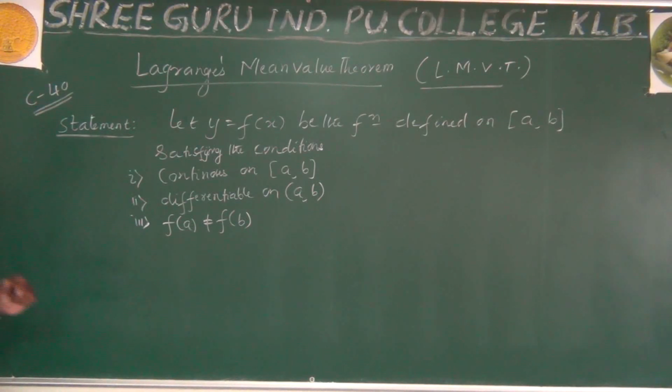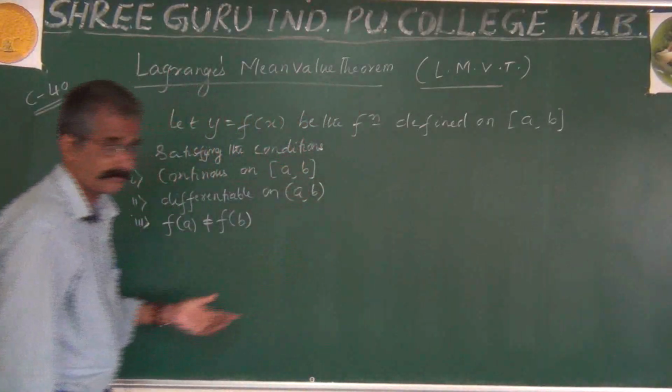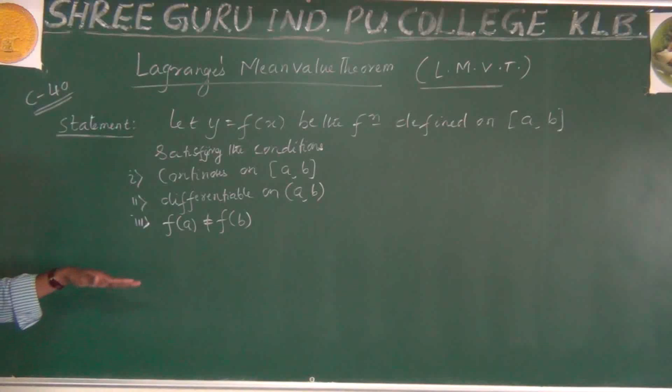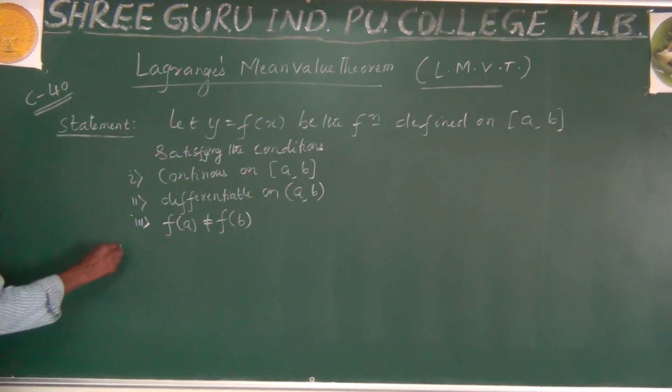So if any function defined on the interval a, b satisfies these three conditions, then this kind of result will be 100% followed.